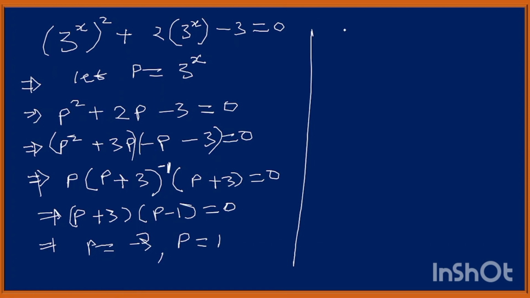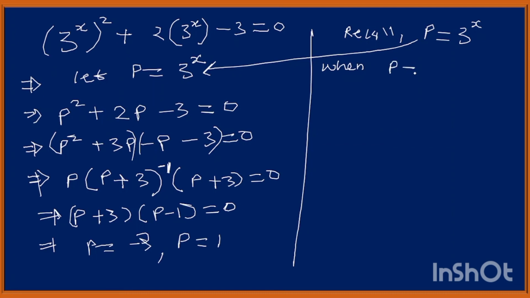Now recall that p is equal to 3 raised to the power x, as we stated before. So what is x when p is equal to 1?